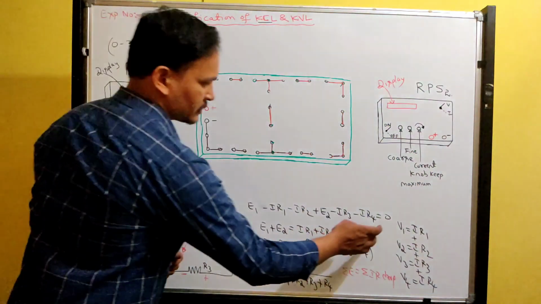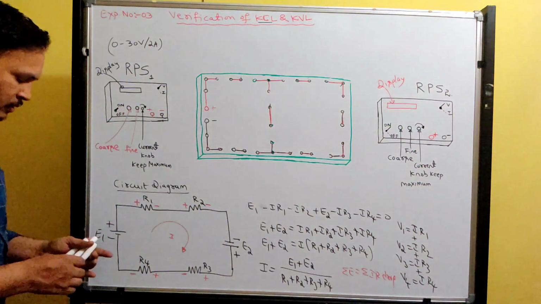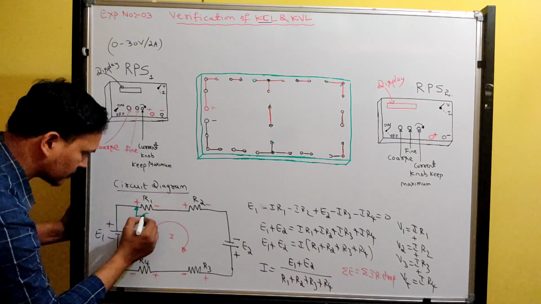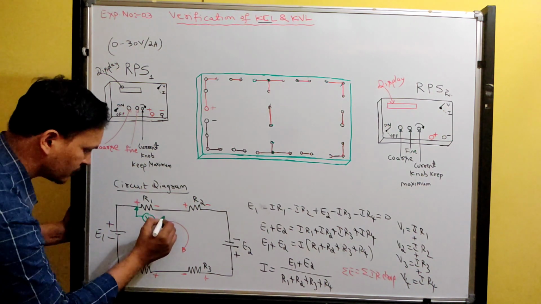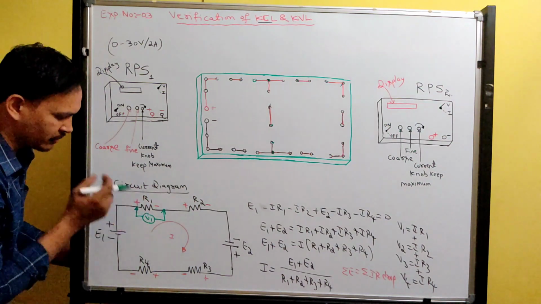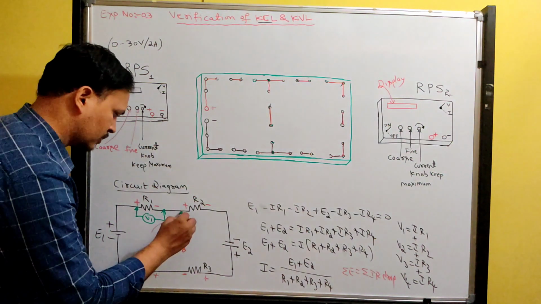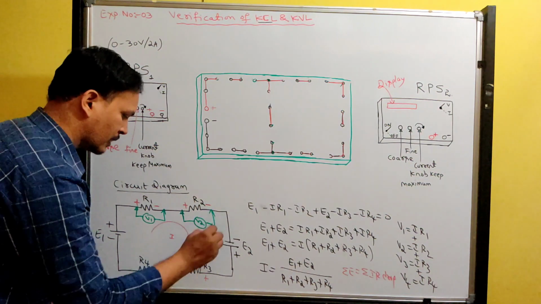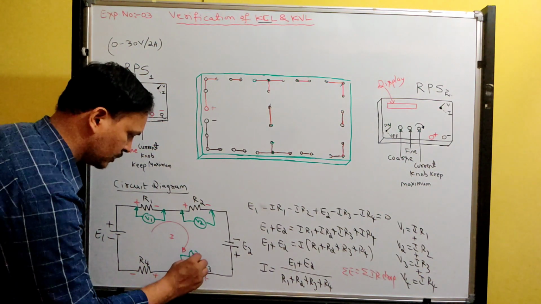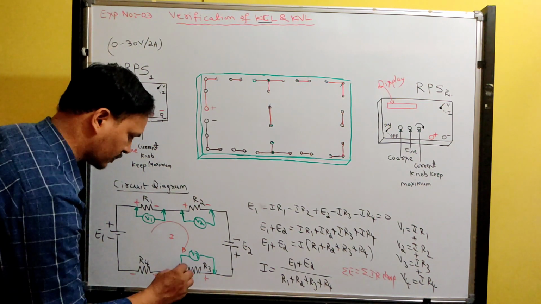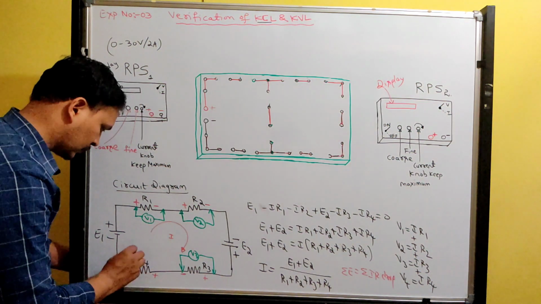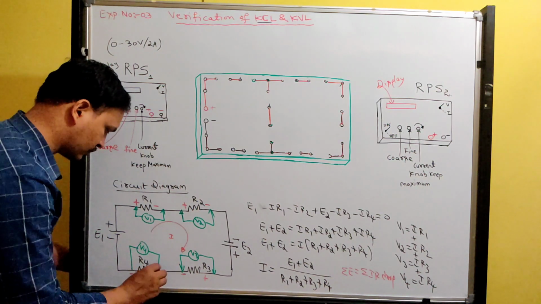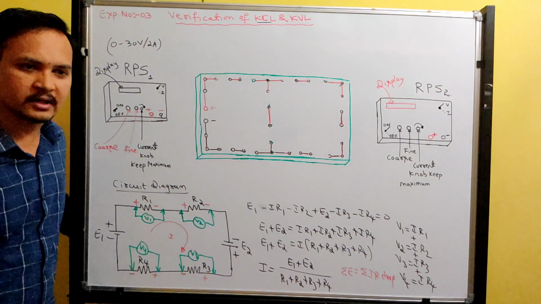In order to measure V1, V2, V3 and V4, I am connecting a voltmeter across each of the resistors. Across R1 is voltmeter 1, measuring V1. Then connect voltmeter V2, and connect voltmeter V3 to find the voltage drop across the R3 resistor, and connect voltmeter V4 to find the voltage drop across the R4 resistor.